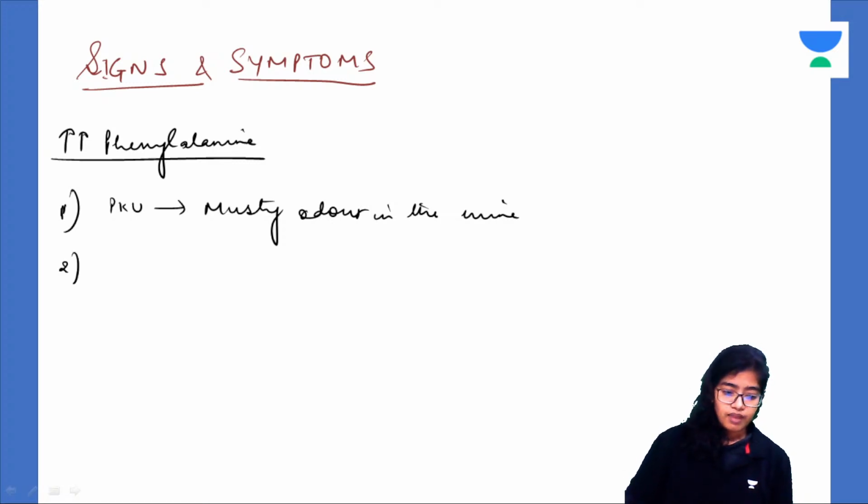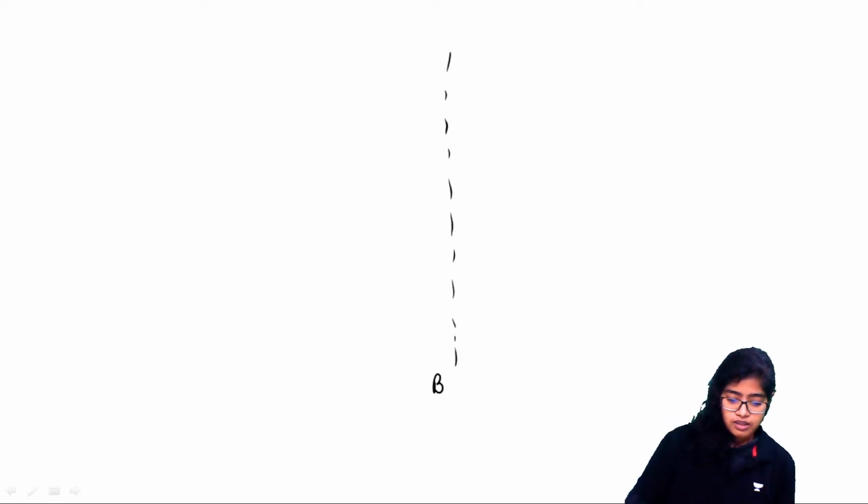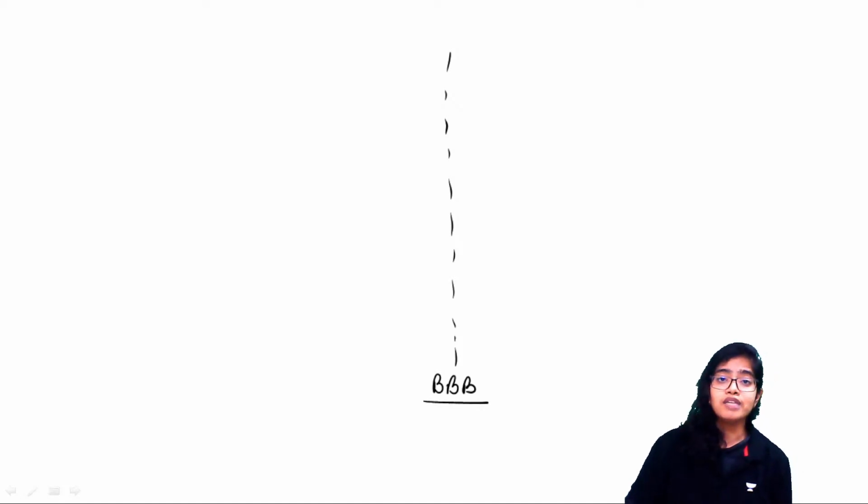Next, phenylalanine is a large neutral amino acid. So what is a large neutral amino acid? I'll just show you. This is the blood-brain barrier. It prevents easy flow of all the substances in blood into the brain.